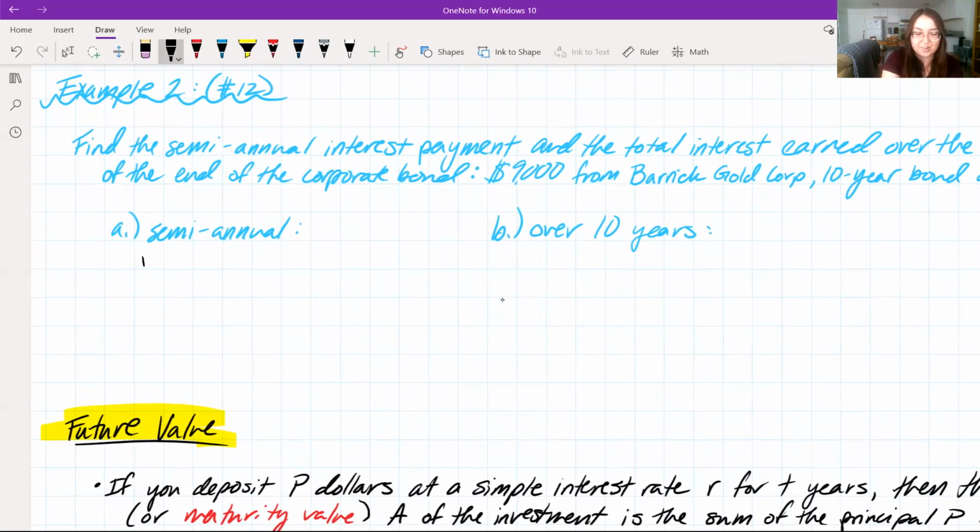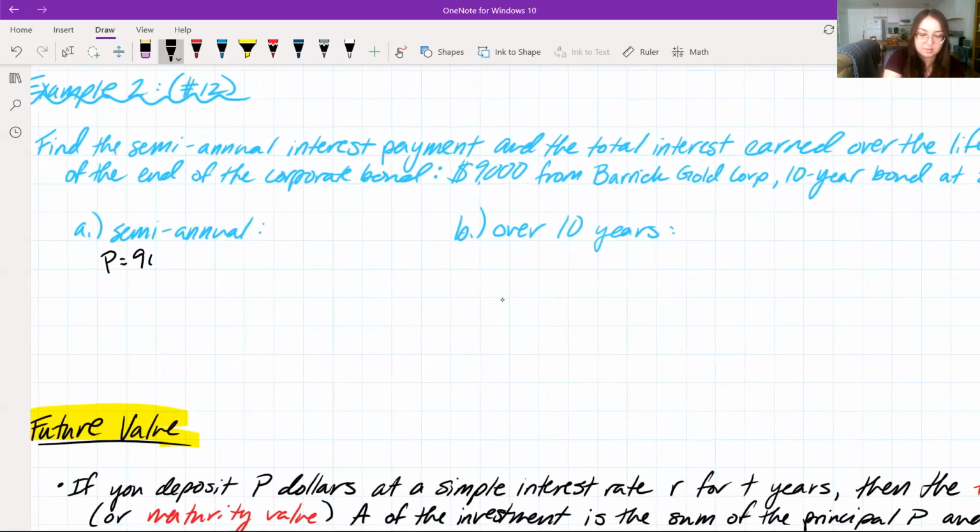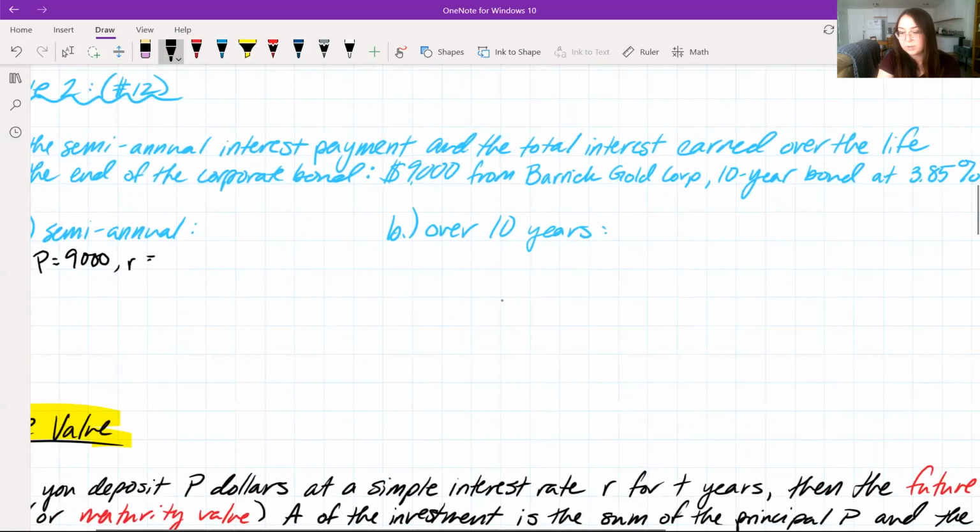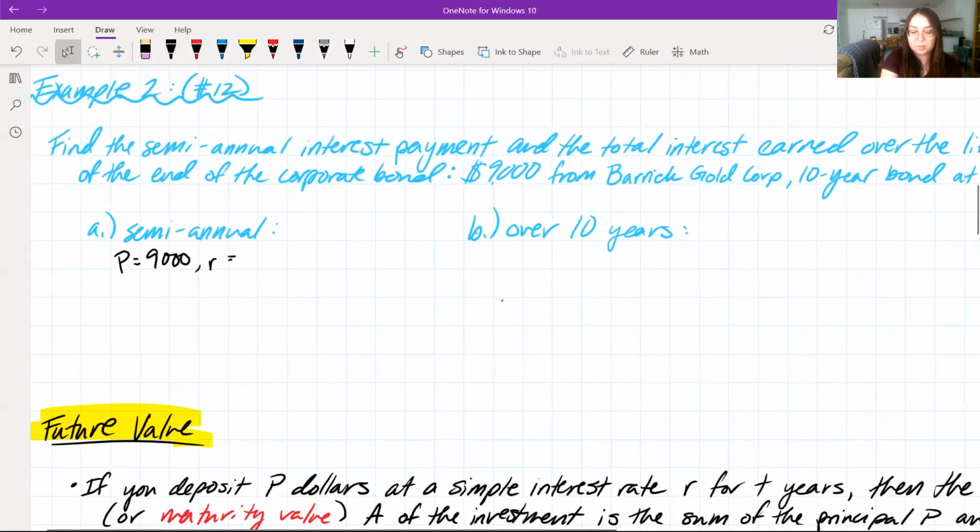So let's identify all of our values here. We have P, which is 9,000. Our rate, which is going to be 3.85%, so we're going to say 0.0385. And our time, since we're thinking about semi-annual, we're going to scoot that value over.